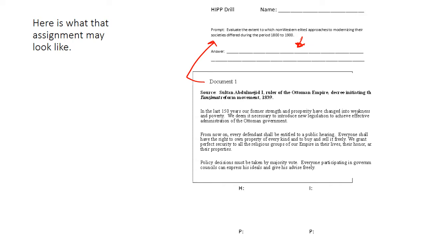And then, of course, down here is where I fill out my H and my I and my P and my P. And again, you're going to find out in a second that there's a ton of stuff going on in historical situation, a little bit of stuff for intended audience, a little bit of stuff for purpose, a little bit more than intent. And in this one, point of view is just hard. There's nothing there, and you're going to have to manufacture it if you really want to get into it.